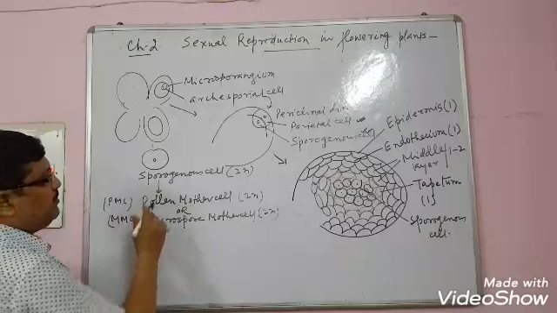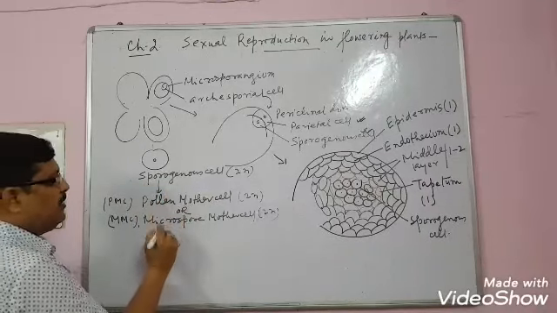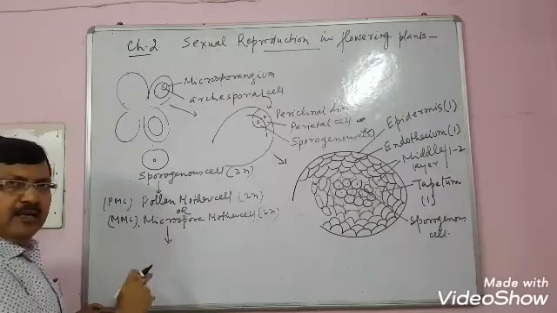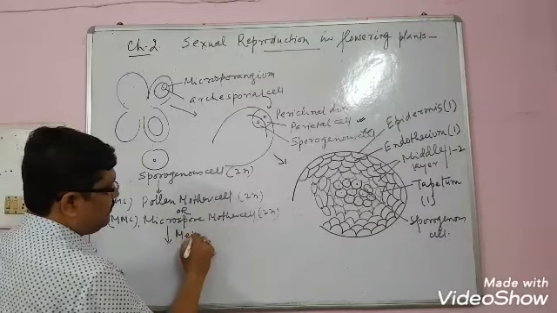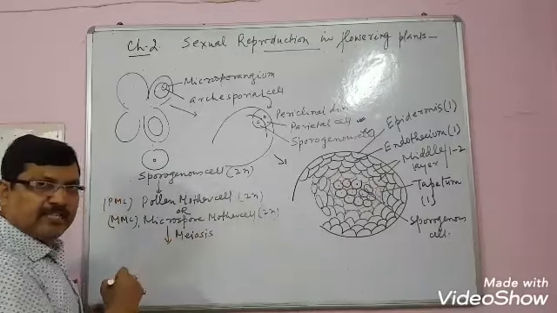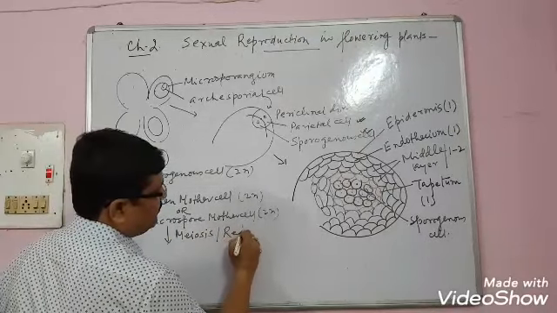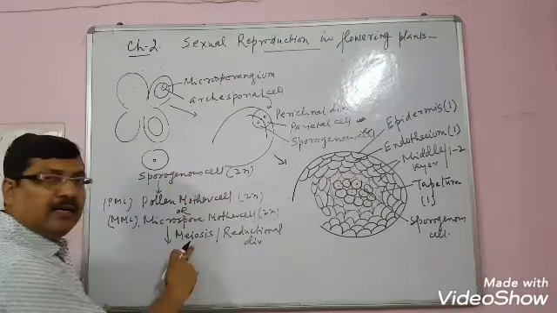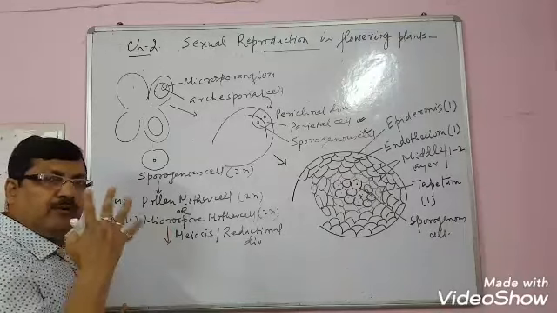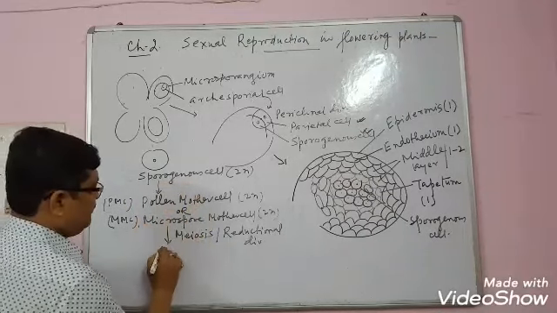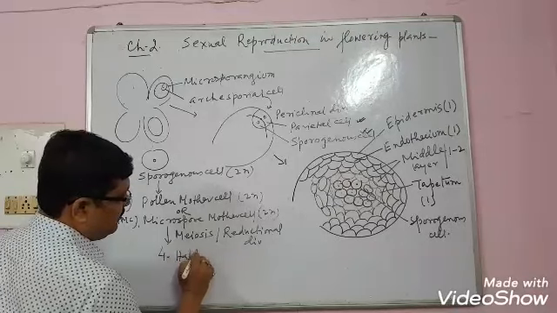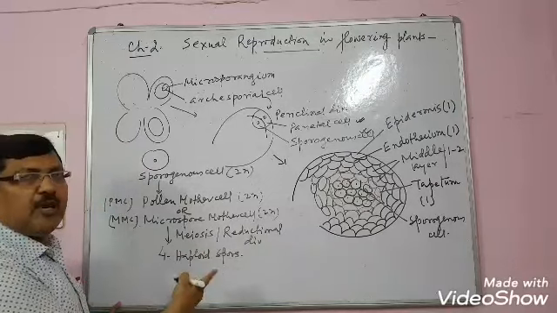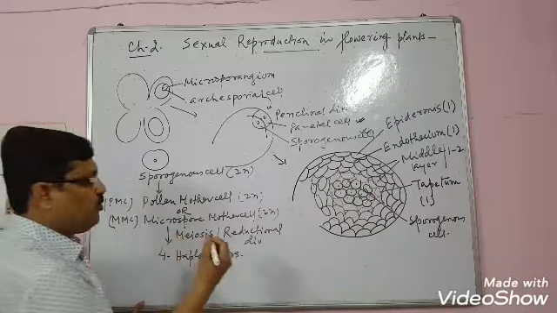Clear? Now this sporogenous cell, or this PMC or MMC, undergoes meiosis, reductional division, and under the reductional division it will form 4 haploid spores, or 4 haploid microspores.